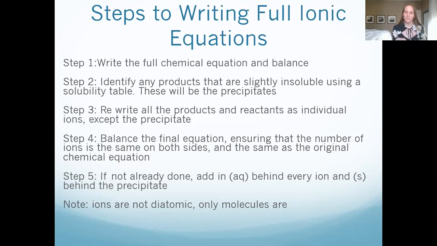Again, if you want, you can write the AQ behind everything, and there would be a little S behind the precipitate to show that it's a solid. But you don't have to worry about that final step for me in Chem 20. Just a reminder, ions are not diatomic, so please do not write any of your ions with a little 2 behind them.